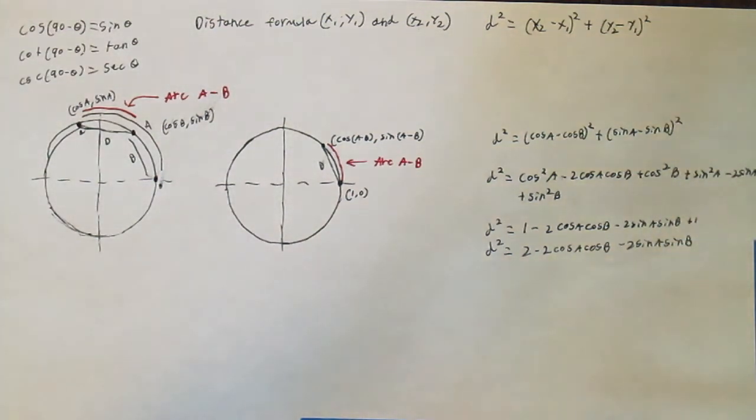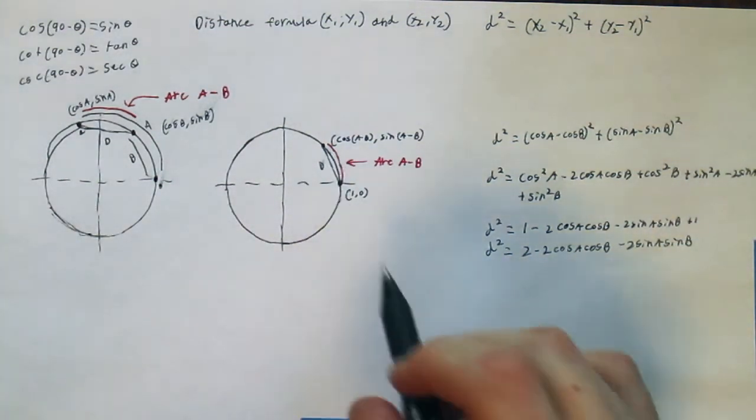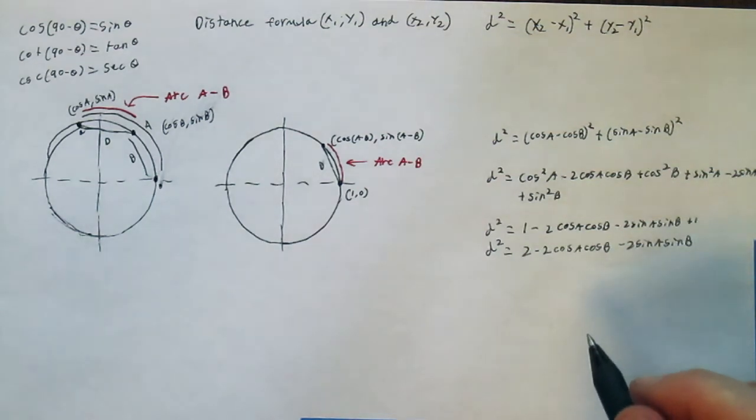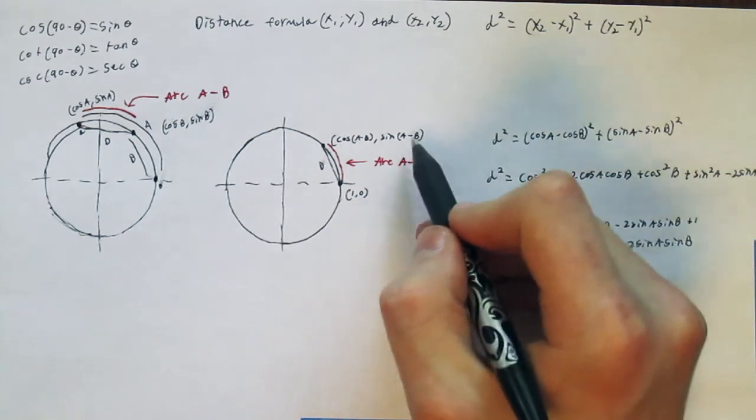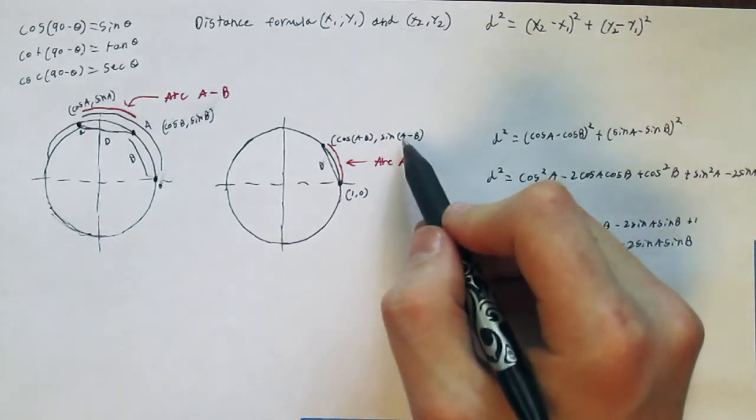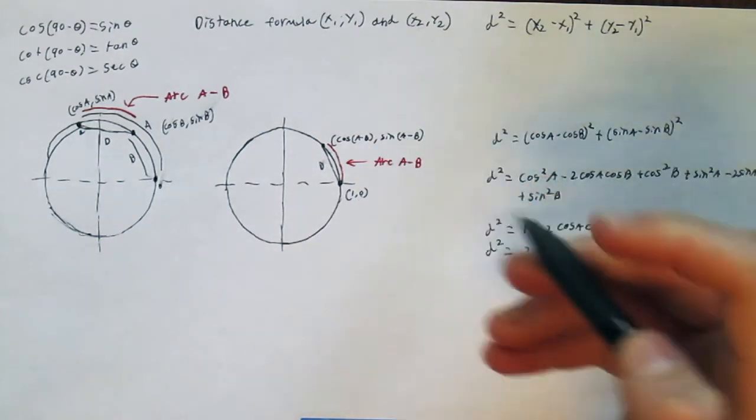So now we have to do the same distance formula for the rotated arc. So that's this minus this squared plus this minus this squared.